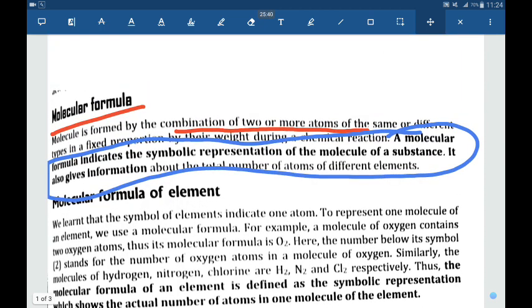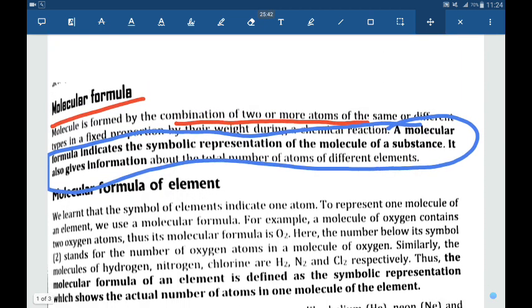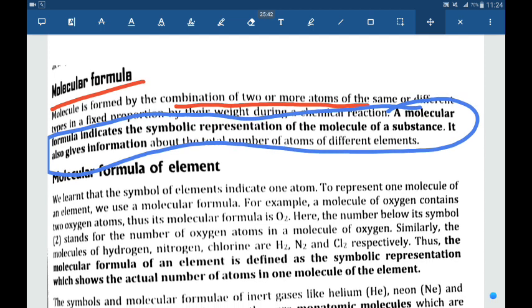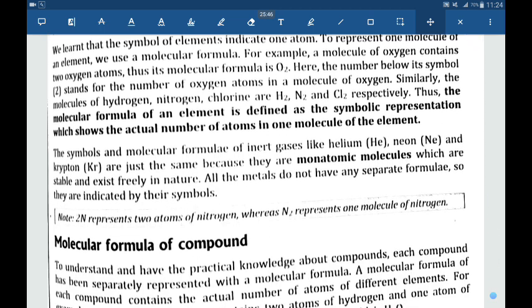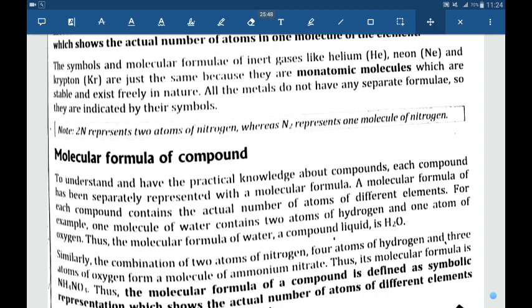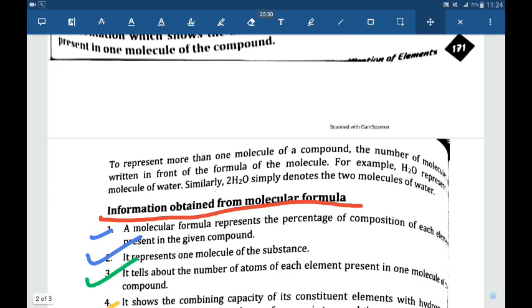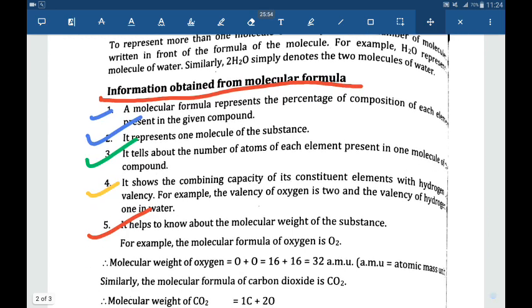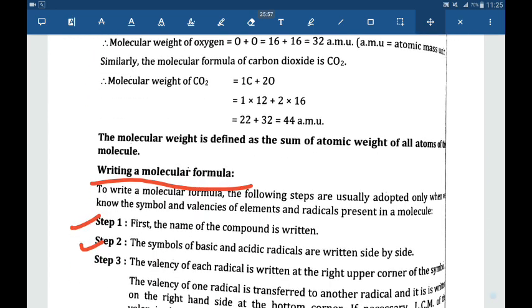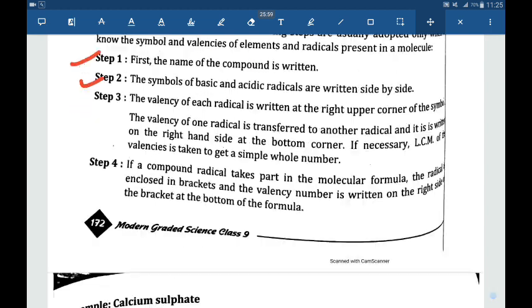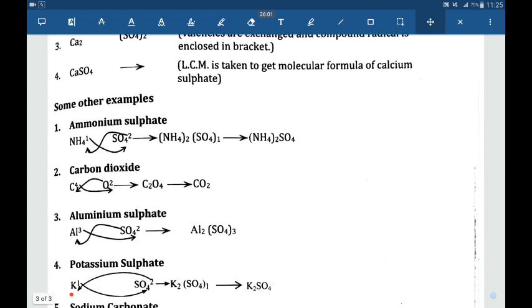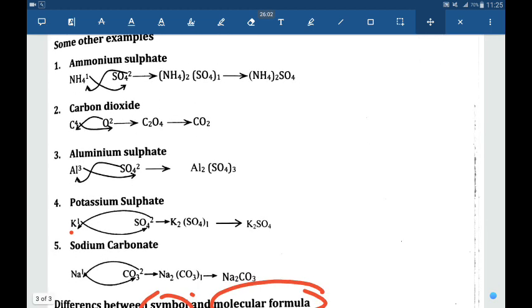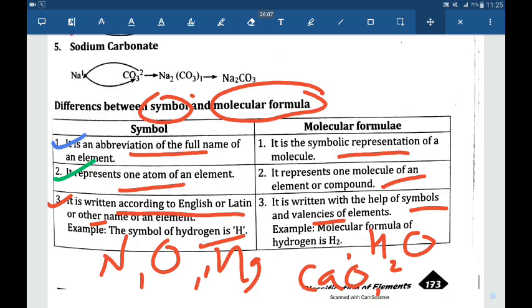We discussed molecular formula, definition, molecular formula of element, molecular formula of compound, information obtained from molecular formula, molecular weight, how to write molecular formula, differences between symbol and molecular formula.